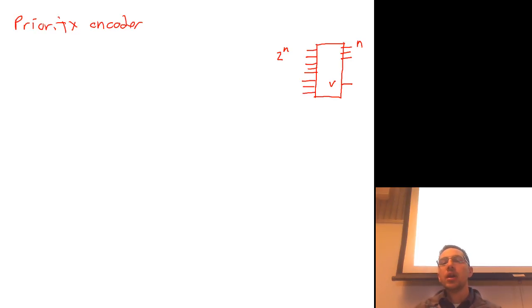Now, in the case of a regular encoder, there are a whole lot of lines of a truth table that just don't make any sense. To deal with an encoder, it's easier to start with a decoder. And for my case here, I'm just going to set n equal to 4.